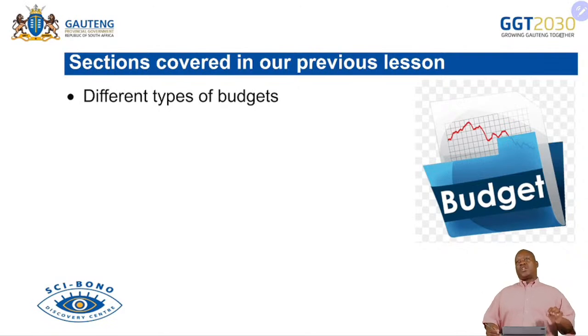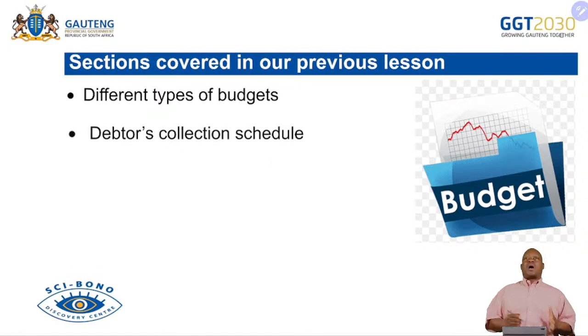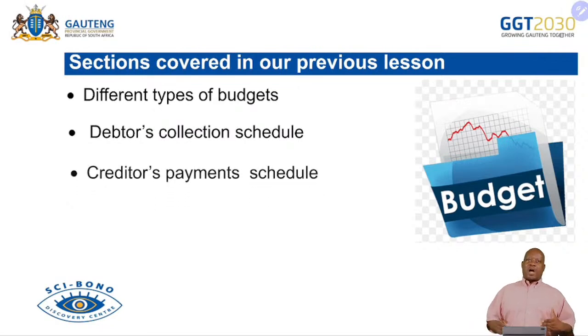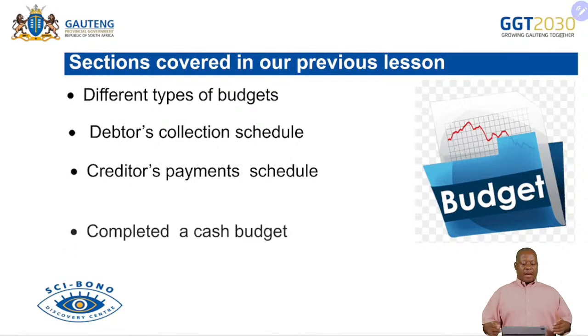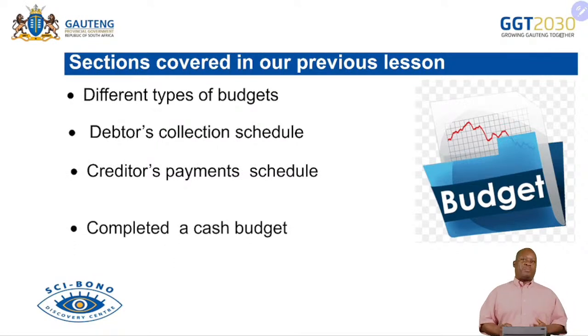We looked into the different types of budgets, and then we looked into how to prepare a debtors collection schedule. We also looked into how to prepare a creditors payment schedule. And then lastly, we tried to complete a cash budget where some missing figures are given.